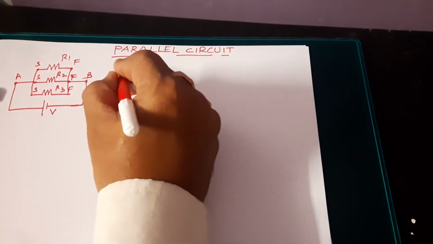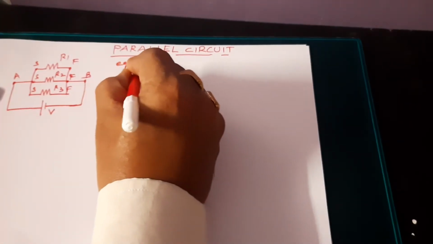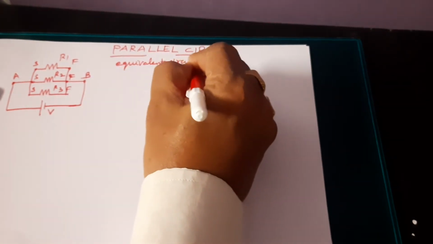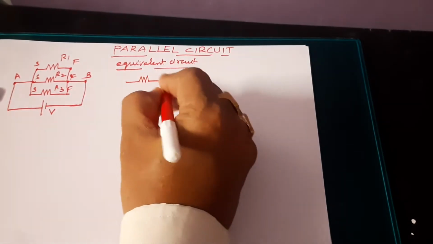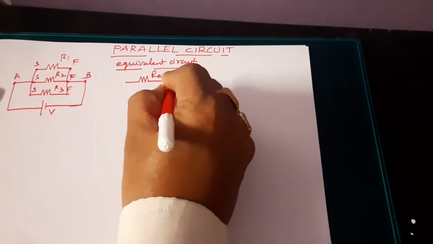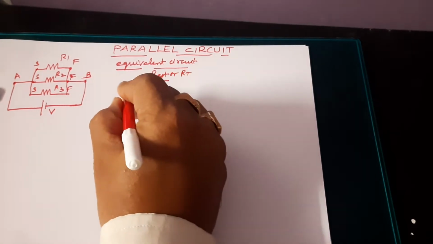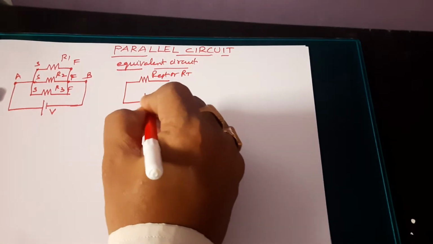The equivalent circuit of the parallel circuit is given by a circuit shown with a resistance R equivalent or R total. What is equivalent circuit?